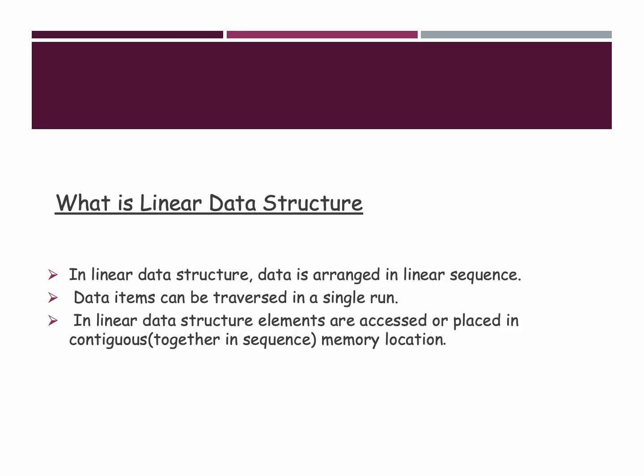If you look at the definition, linear data structures are those where data is arranged in a linear sequence, as I said earlier. Each element is connected to its previous and next element in a single line or sequence. Data items are traversed in a single run, meaning you can go from one element to the next in a straightforward manner.